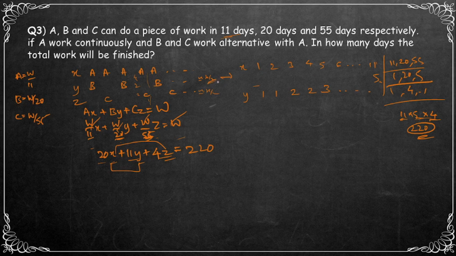Now we know y is almost equal to x divided by 2. If we calculate x divided by 2, we get 0.5, 1, 1.5, 4 divided by 2 is 2, 5 divided by 2 is 2.5, 6 divided by 2 is 3.